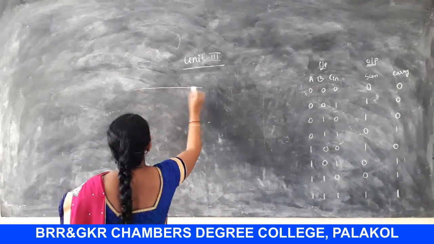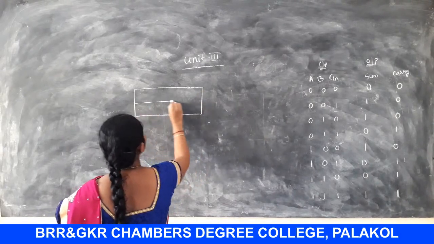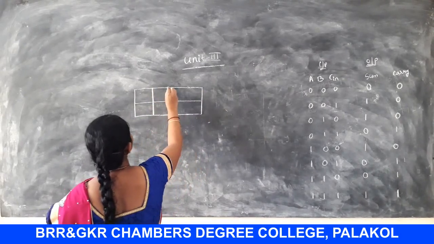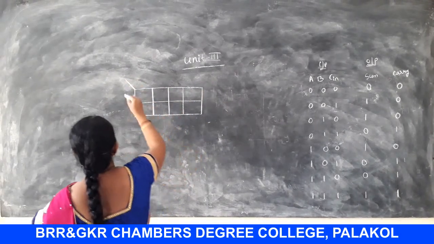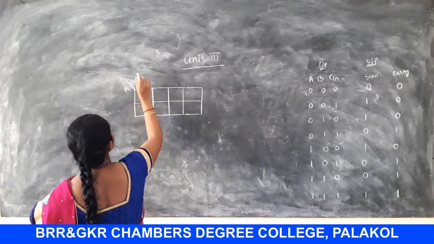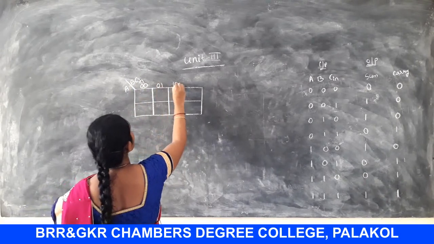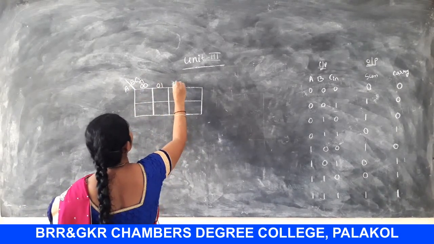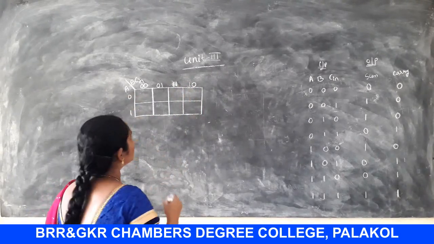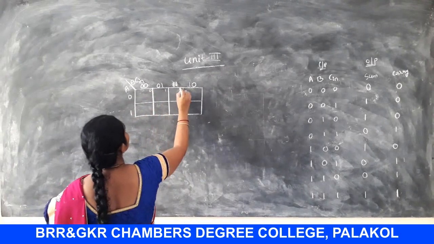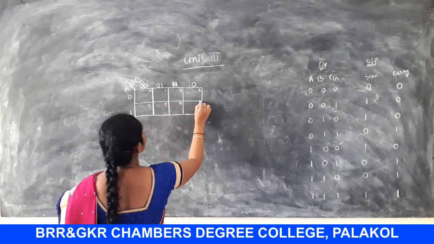So here the 3 variable K map is, A and B, Cin. The values are 0 0, 0 1, 1 1, 1 0, and 0 and 1 here. The cells are numbered 0, 1, 3, 2, 4, 5, 7, 6.